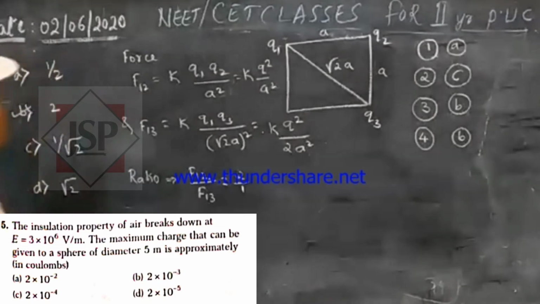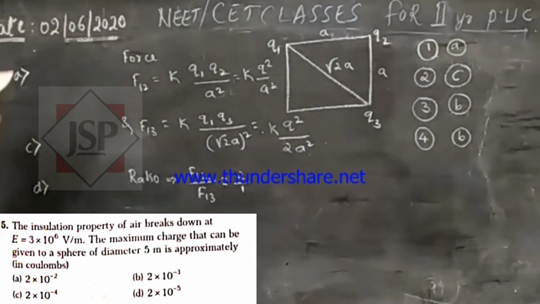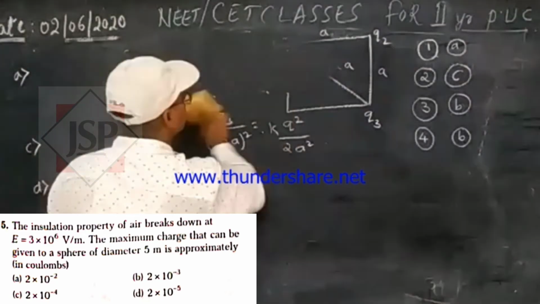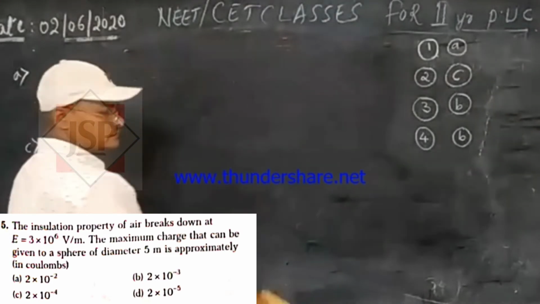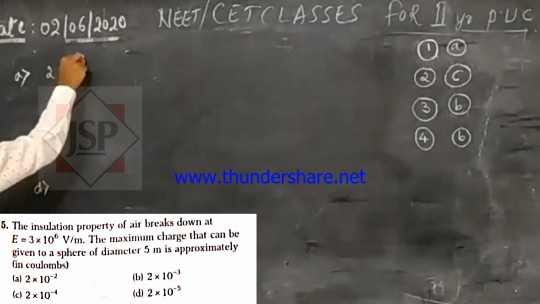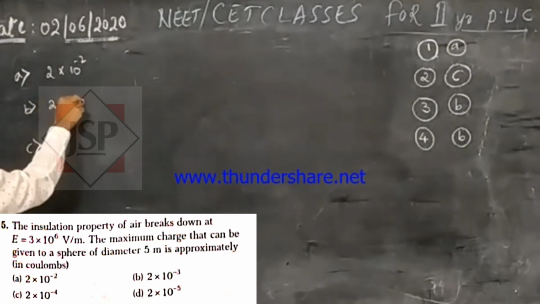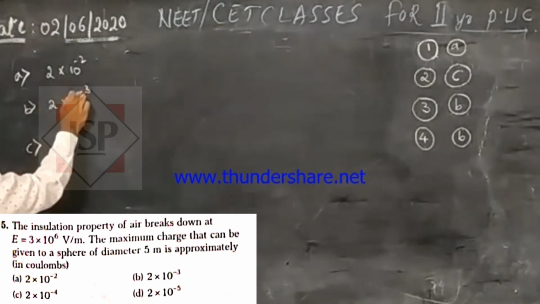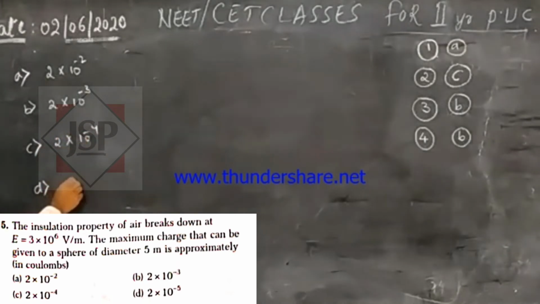Okay, so the fifth one, the options are like this. A option 2 into 10 to the power of minus 2, 2 into 10 to the power of minus 3, 10 raised to minus 4, D option 2 into 10 to the power of.